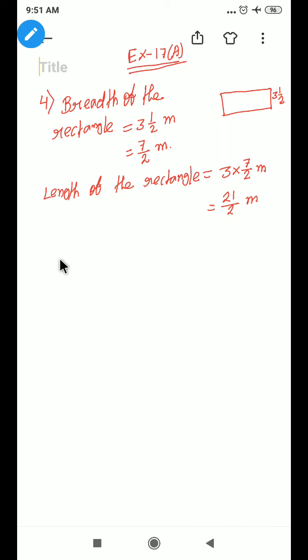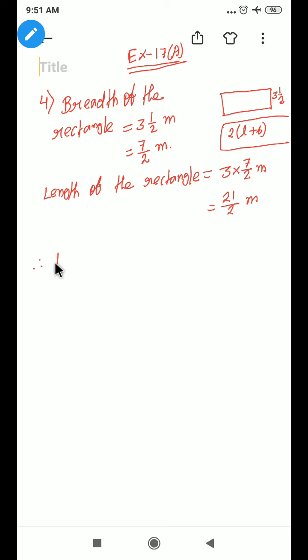Now here you have to find out the perimeter of the rectangle. At first you have to know the formula for the perimeter of a rectangle, that is 2 into length plus breadth. The length is given here as 21 by 2 and the breadth is 7 by 2. Just put these values in this formula and you will get the answer.